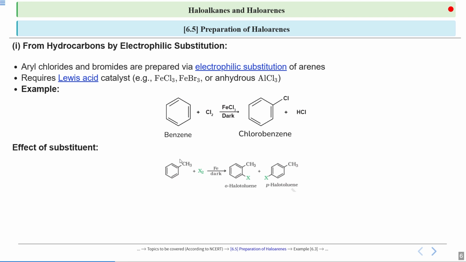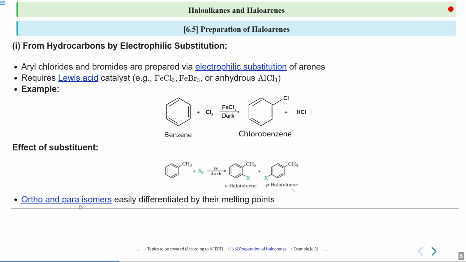CH3 here is present as a substituent, so it will direct the incoming electrophile towards the ortho and para positions on the benzene ring, and you will get the mixture of products, ortho-halotoluene and para-halotoluene.